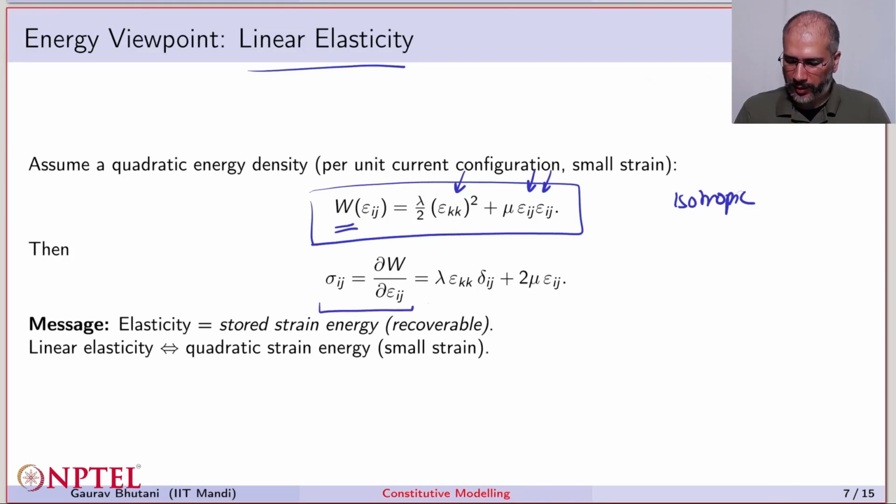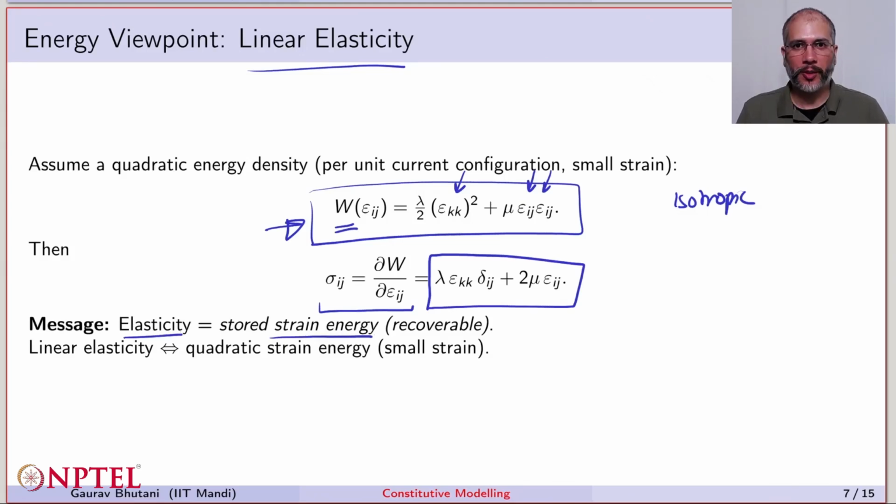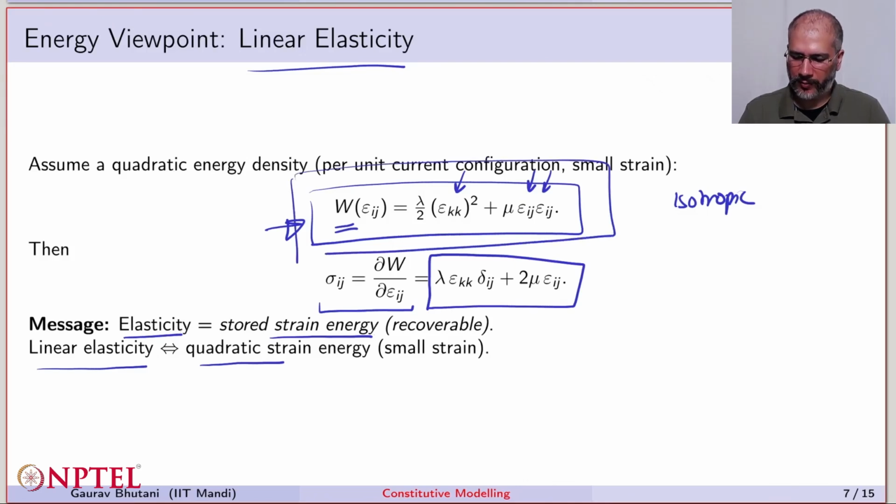As we have seen, sigma and W are related like this, so if you take this energy density function and take the derivatives, you get this form which is exactly the same as we saw in the previous slide. So for a general elastic material, we can define a strain energy function because of the reversibility of the phenomena. But for a linear elastic material, this function takes a quadratic form, and for an isotropic linear elastic material, it takes this form that we see here specifically.